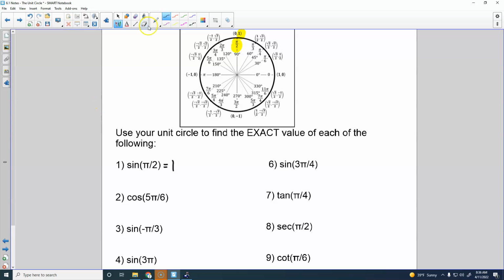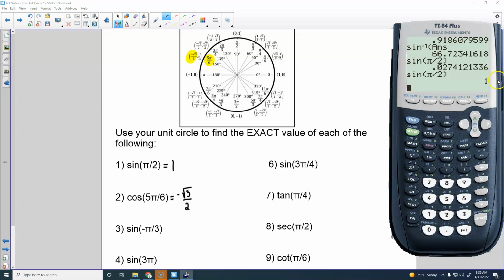So that would be for the first one. If I want to know cosine of 5 pi over 6, I would be looking at 5 pi over 6, which is right here on the unit circle, and then I would need cosine, which is our x coordinate. So I would get negative square root of 3 over 2 here.